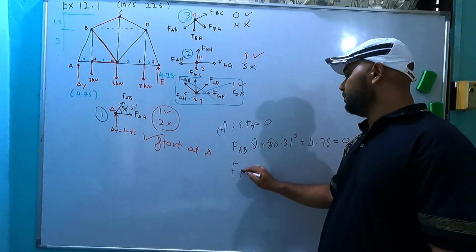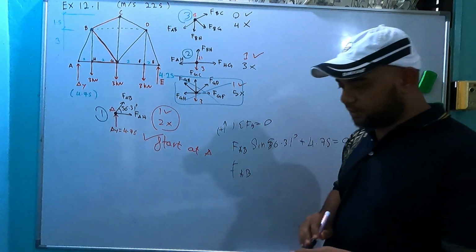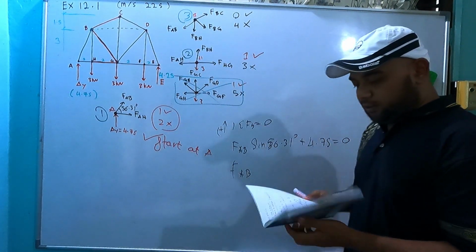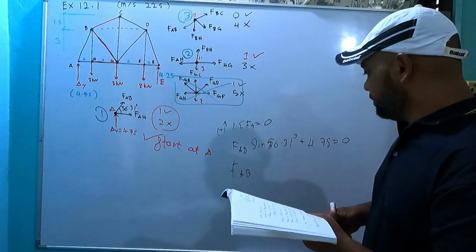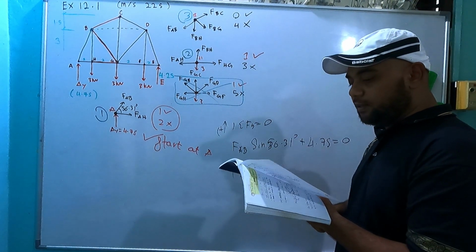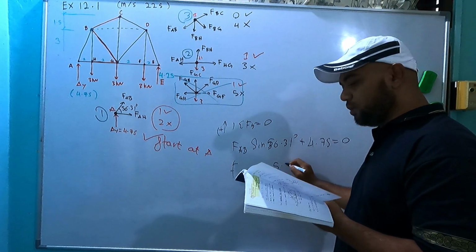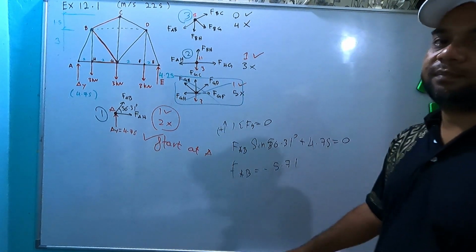You have FAB. Go ahead, calculate. I've already calculated that one so that we can have an easier, faster result here. FAB equal to minus 5.71.